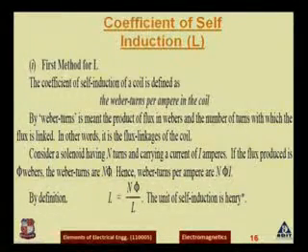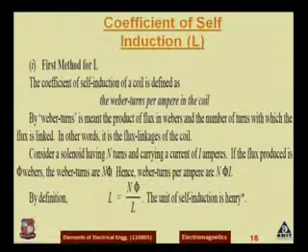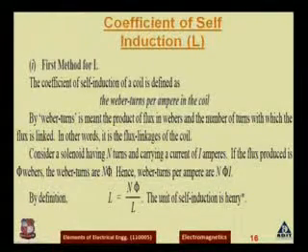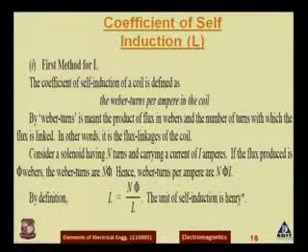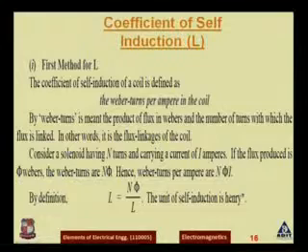Now consider a solenoid that has N turns and is carrying a current of I ampere. If the flux produced is φ Weber, the Weber turns are Nφ. Hence the Weber turns per ampere are Nφ/I. So by this definition, what can we write?